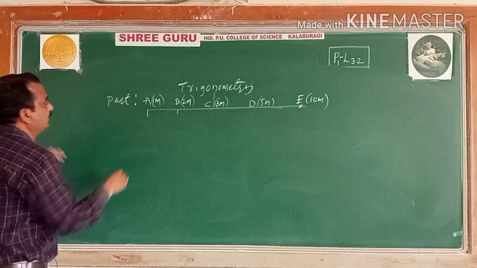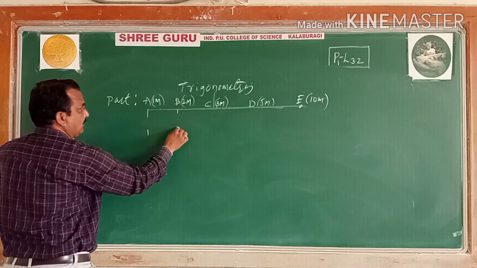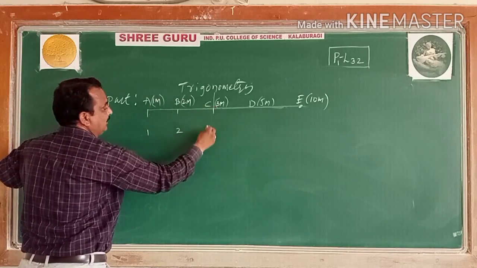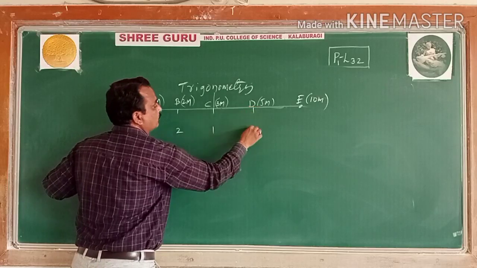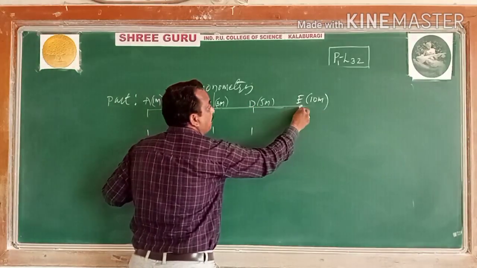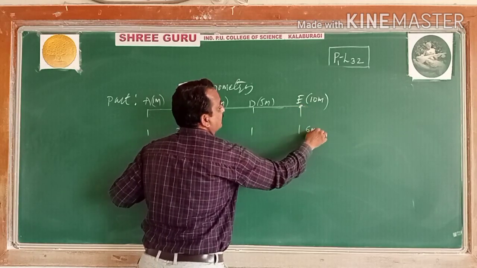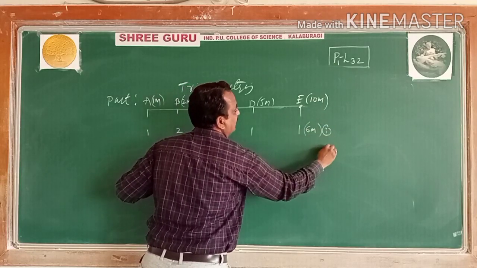In part A there is 1 question of 1 mark, in part B 2 questions of 2 marks, in part C only 1 question of 3 marks, and in part D only 1 question of 5 marks. But in part E there are 6 marks, with sub questions in the 10 marks, first and second.